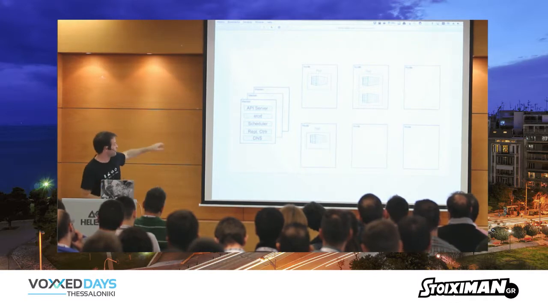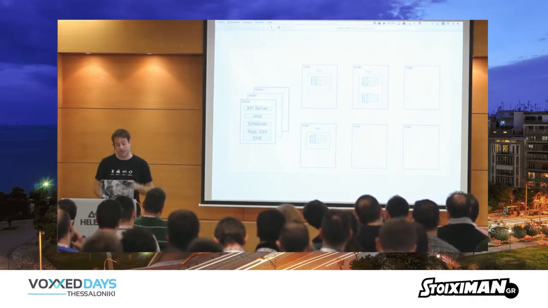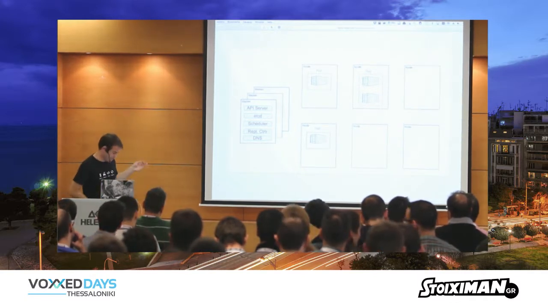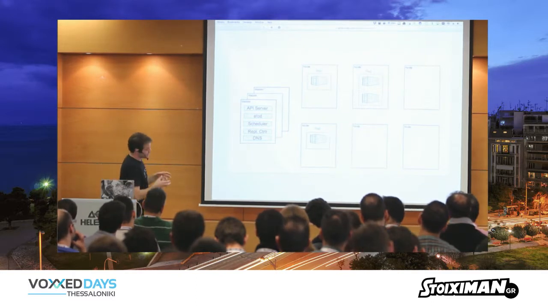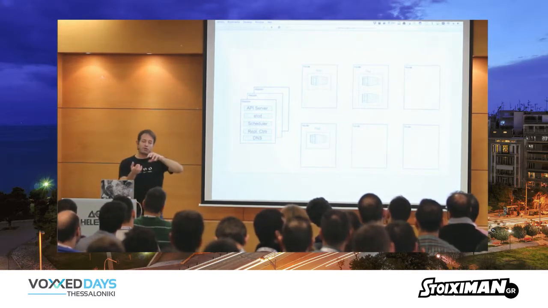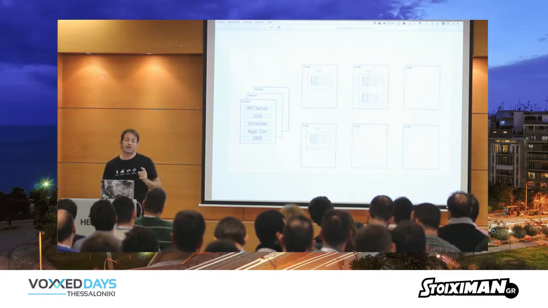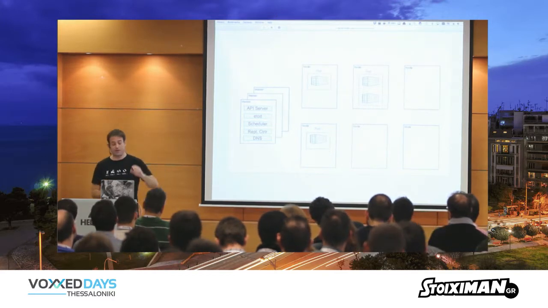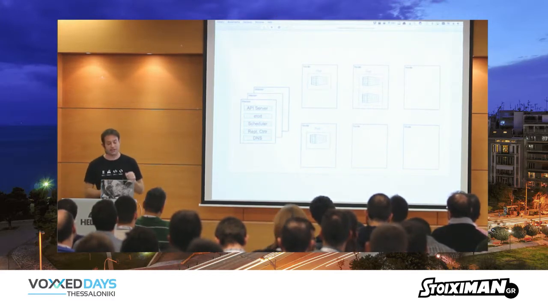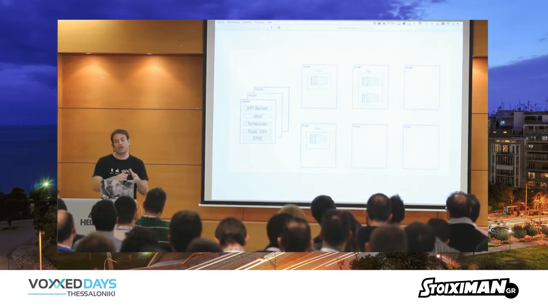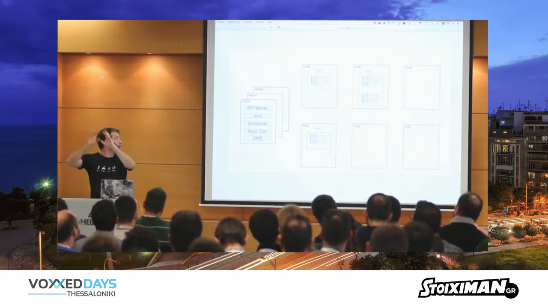For example, if the master fails, another master can take over. Then there's the scheduler. You connect to the API server and say, I want my application running in 5 replicas in the cluster. And then the scheduler goes, this application is not there at all, so I start 5 instances of the thing in the cluster.